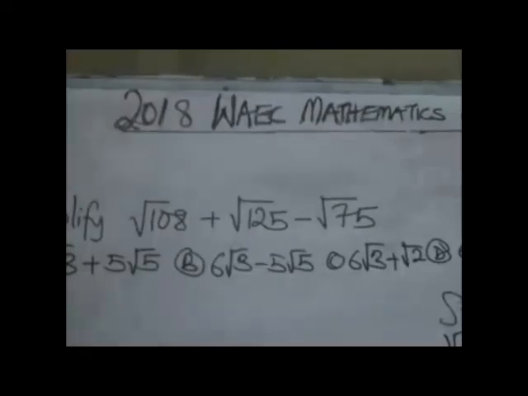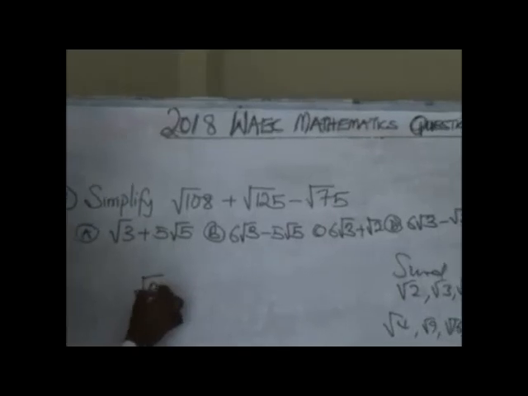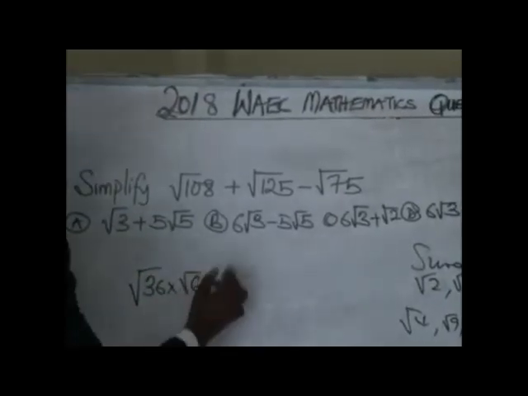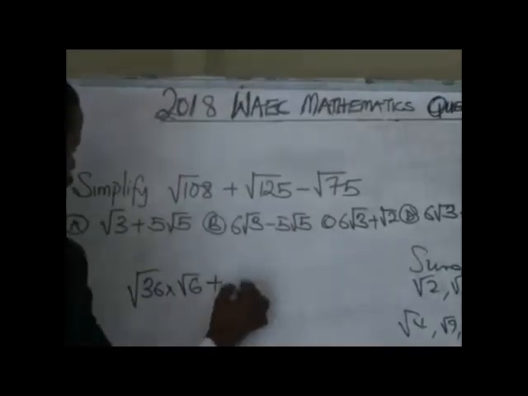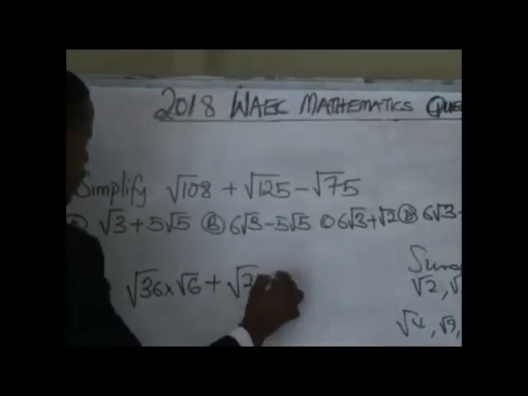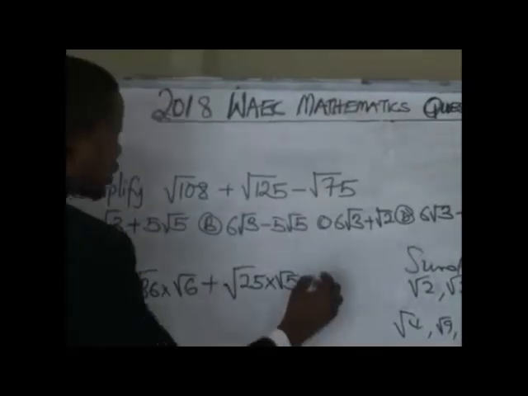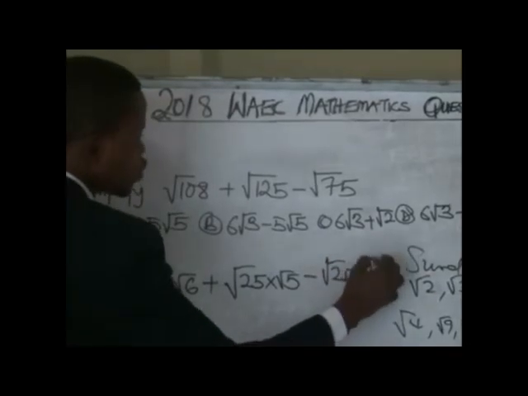Square root 108 will be square root 36 times square root 3. Plus, you break 125 into a surd and a perfect square, and it becomes square root 25 times square root 5. You break this one also, and it becomes square root 25 times square root 3.